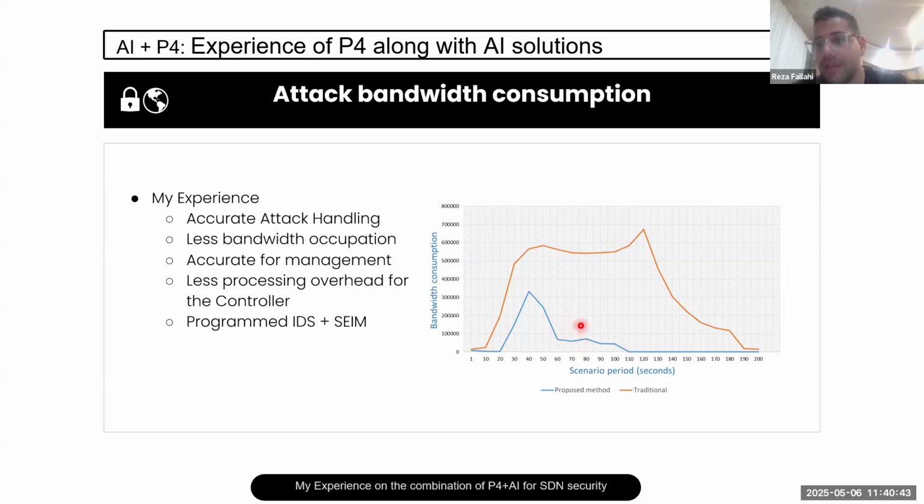Okay, and this is DDoS. It's not DoS. It was distributed through different hosts. You can see it has been detected and mitigated much faster. And these are the actual results that you can see for the controller itself.